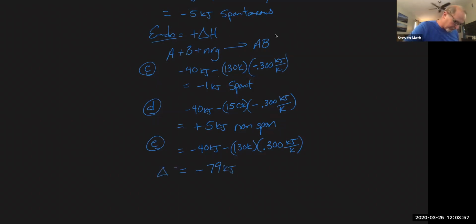This is our delta G, very spontaneous. And so what I've just shown you is there are two scenarios where we can have the spontaneity flipping because of the temperature increase or because of the entropy increase, whether things are becoming ordered or more disordered.